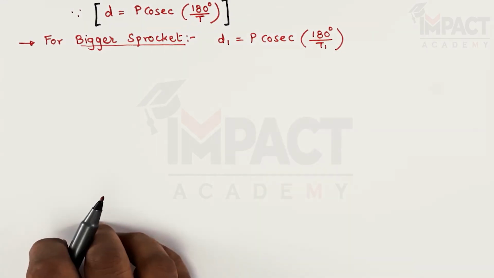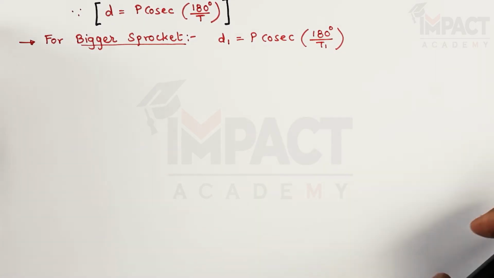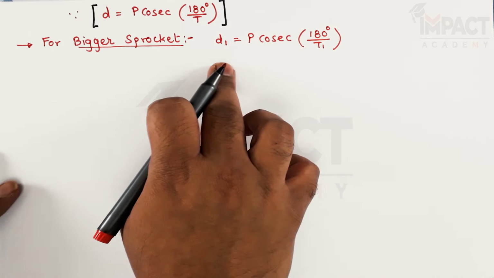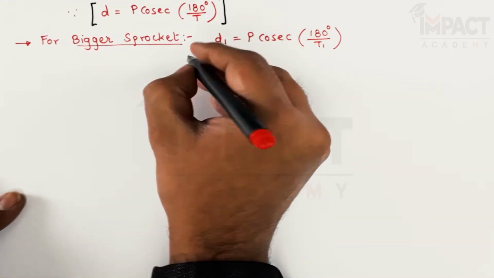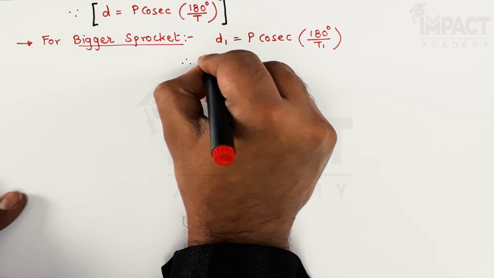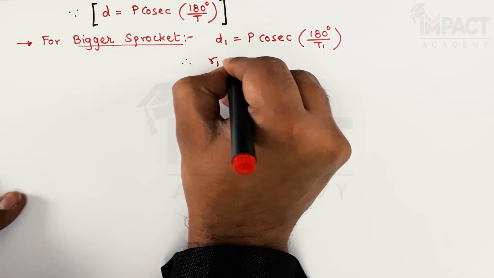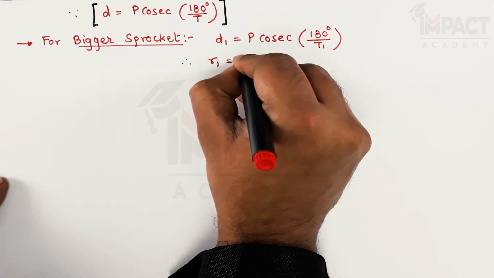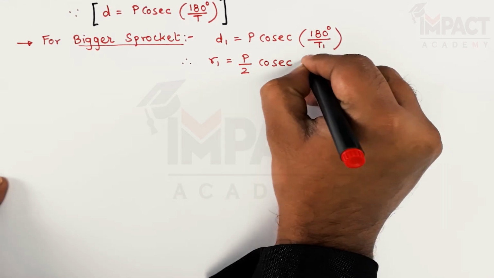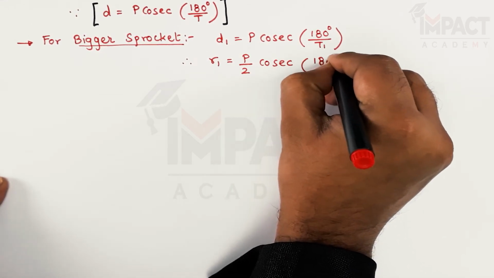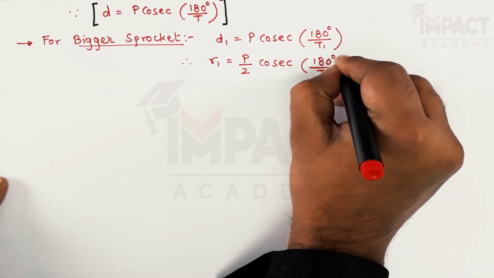So that is the formula written for the bigger sprocket, and similarly once I know the diameter I can write the formula in the form of radius as well. So that radius will be small r1 and that is half of the diameter, so it will be P by 2 cosec(180 degree divided by T1).